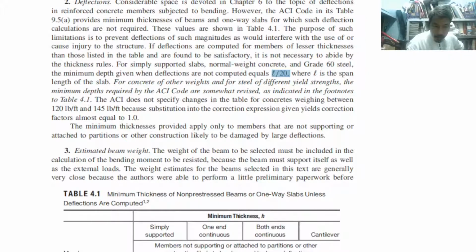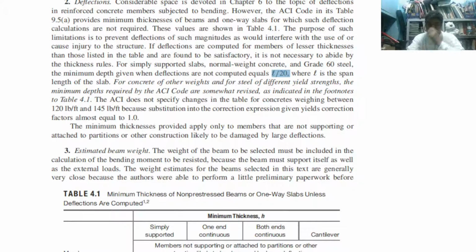For solid one-way slab, for beam or rib one-way slab, L over 16. So that's why we will do the design of one-way slab and beam, because we have the same table. This is for solid one-way slab, and beam is equivalent to rib one-way slab.